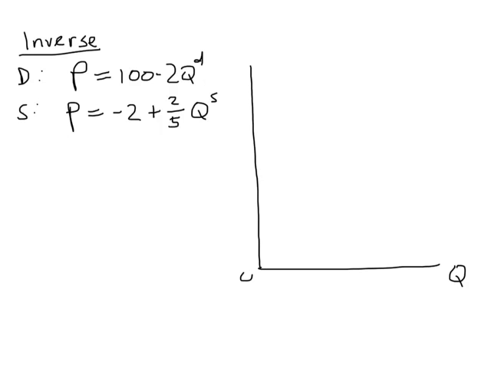So our demand curve looks like this. Slope of -2, so it would intersect at 50. And the supply curve is a little bit funky looking in this case. It enters the first quadrant at +5 on the quantity.